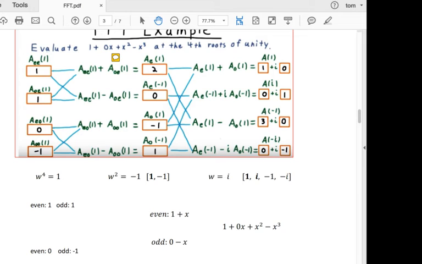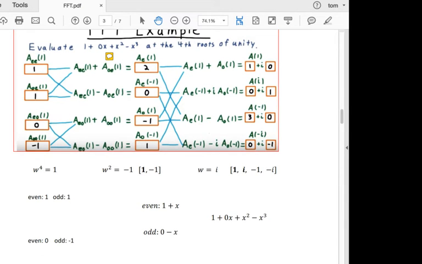For the first one, even plus odd. For the third one, it's even minus odd.